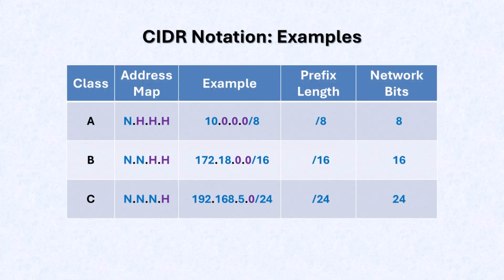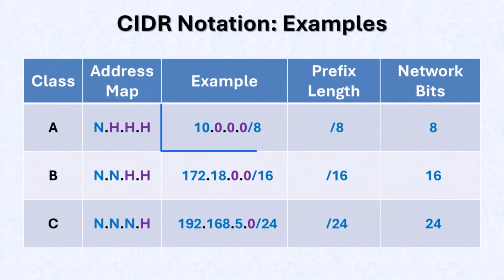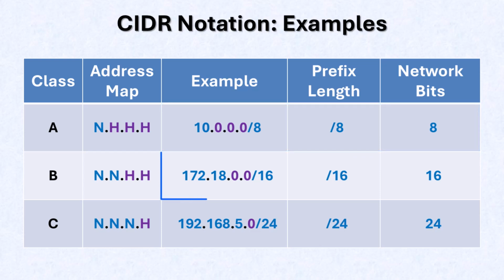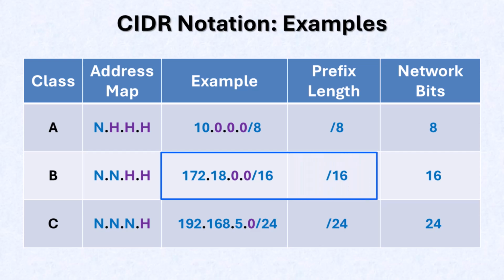For example, in the address 10.0.0.0/8, the /8 is the prefix length. This indicates there are 8 network bits in the network portion. In 172.18.0.0/16, the /16 is the prefix length.